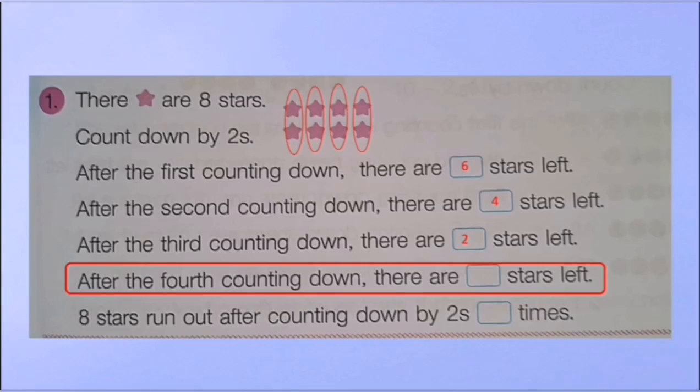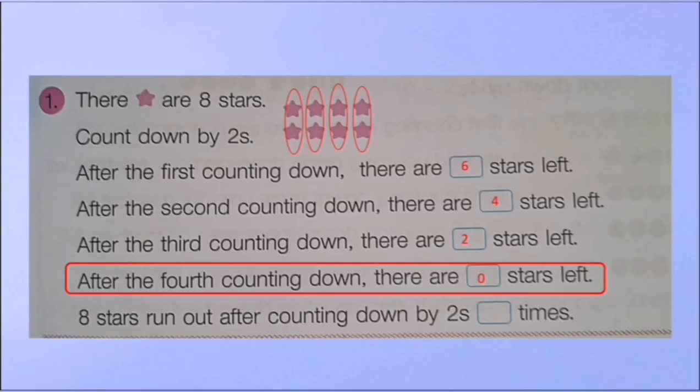How many stars are left? Can you see any stars left? No. There are no stars left, so the answer for this sentence is 0. Let's read the sentence again. After the fourth counting down, there are 0 stars left.